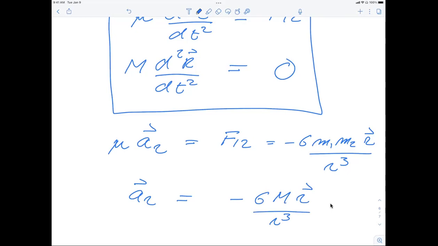So this is a very interesting statement, because what it says is that the acceleration depends on the relative position, the second derivative, and the trajectory depends on the total mass only. So this is just a simple manipulation.